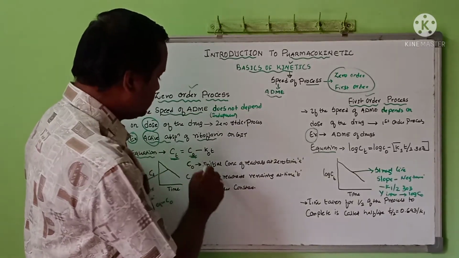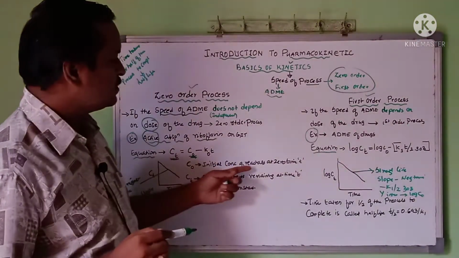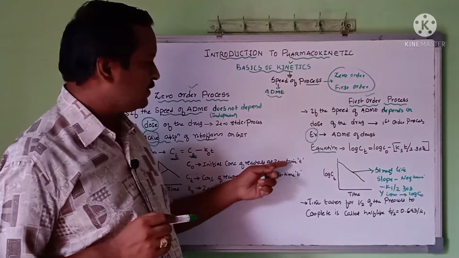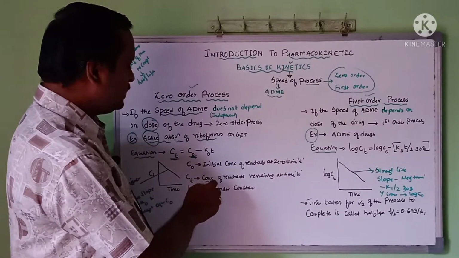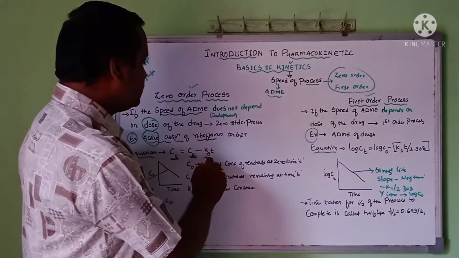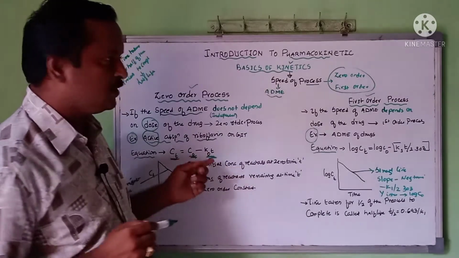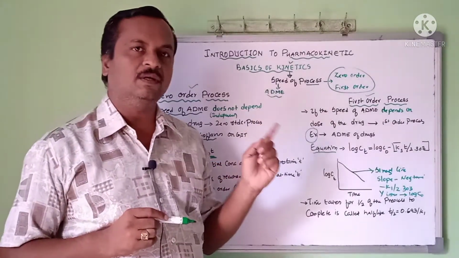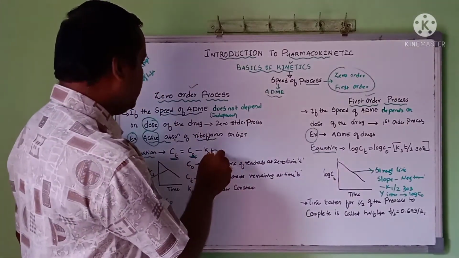C_0 is the initial concentration of reactant at zero time, whereas C_t is the concentration of reactant remaining at time t, and K_0 is the zero order constant. t stands for time.